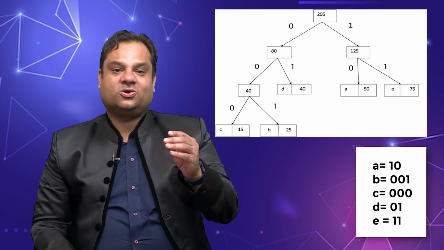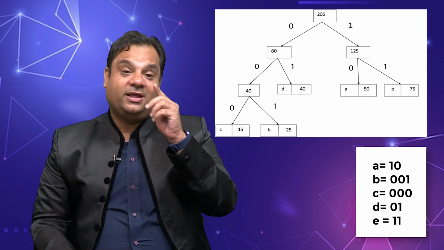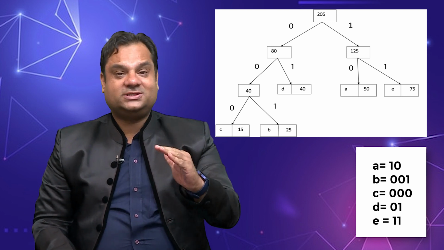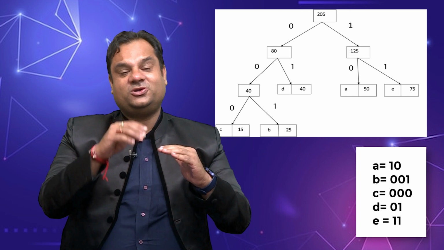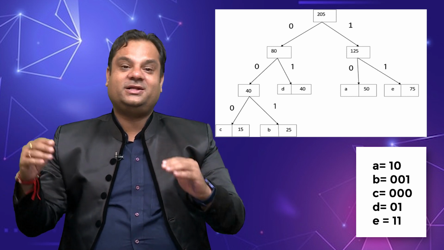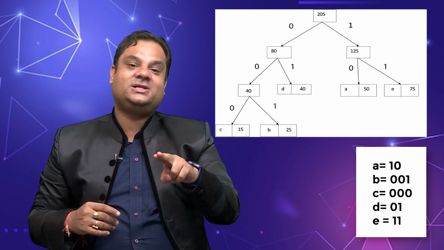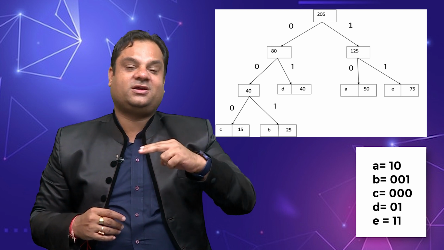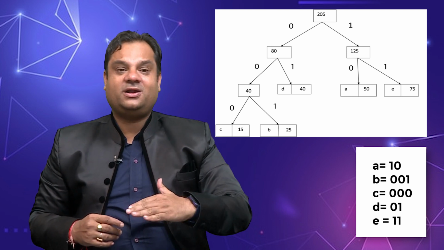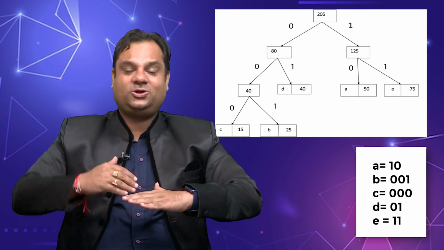It means C and B both have a lower frequency as compared to the rest of the characters. That's why these two have less frequency, and we connected them as the bottom layer, or we can say the bottom-to-top approach.